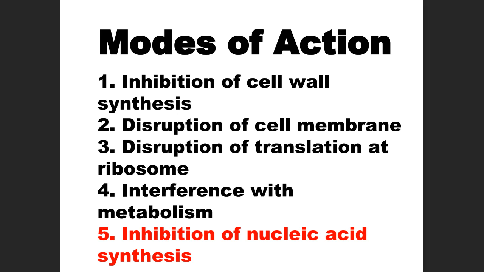So we're going to talk about antibiotics that inhibit nucleic acid synthesis. What we're really looking at here are antibiotics that either inhibit DNA replication or transcription. Remember that in DNA replication, we are making a copy of DNA, which all cells have to do before they divide.